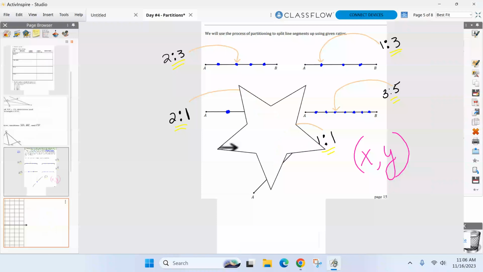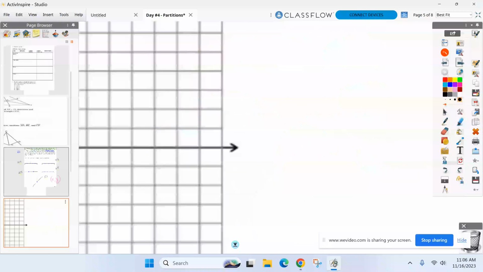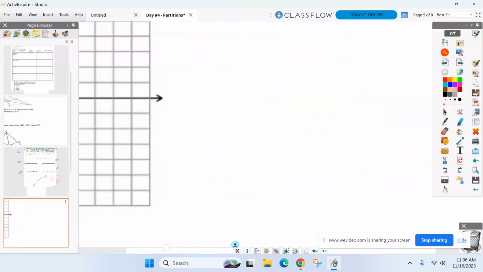So yes, many of you go ahead and graph. Go ahead and graph directed line segment AB.